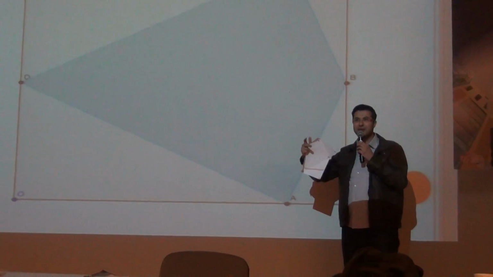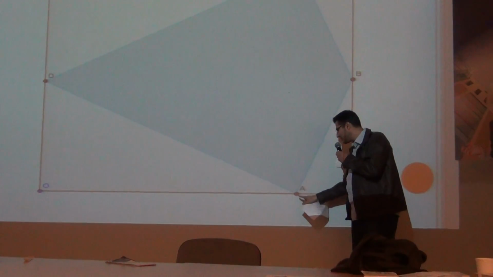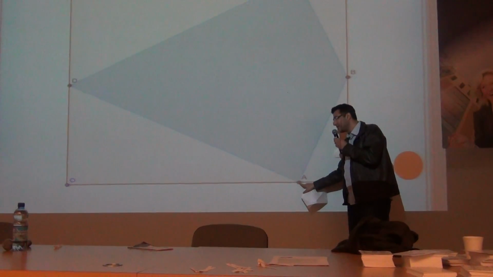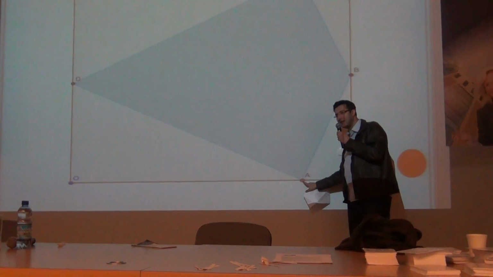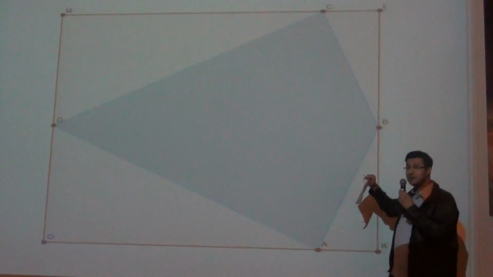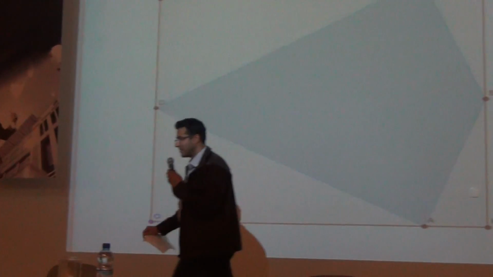Imagine a virtual line. A is on the line, and this line is parallel to the KL segment, like this.